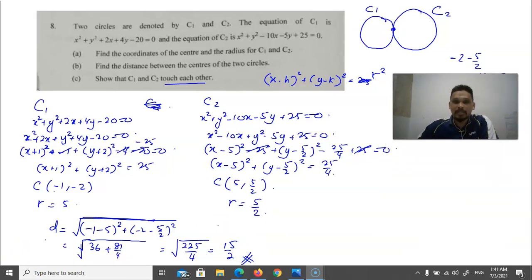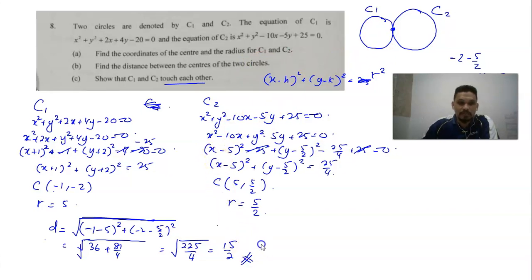Okay, now class, look at question number 3. We found the distance between the centers of the two circles, which is 15 over 2. Show that C1 and C2 touch each other.